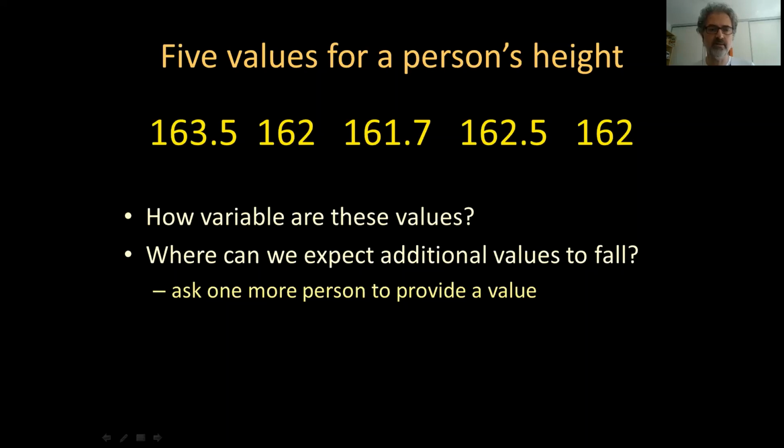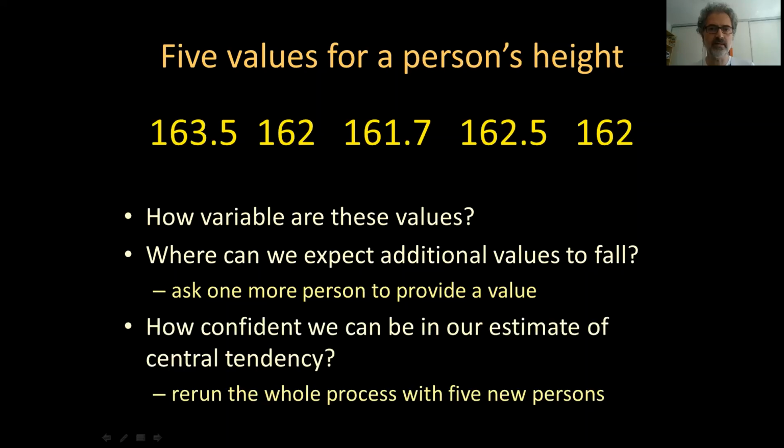The other question is, if we were to ask a completely new set of 5 people to measure this person's height and calculated the mean for that height from the new values, how far would we expect that to be from the current mean, from our current estimate based on the first sample of 5 people measuring it?